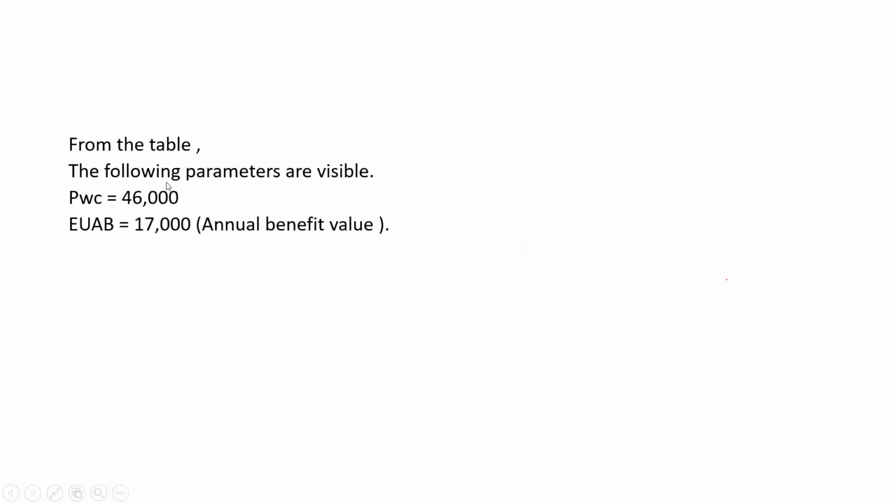So let's go on. From the table, the following parameters are visible. PWC, the present worth cost, is 46,000 naira, and the EUAB, the equivalent uniform annual benefit, which you can also get from the table, is 17,000 naira. That means annually you'll be having a benefit of 17,000 naira.